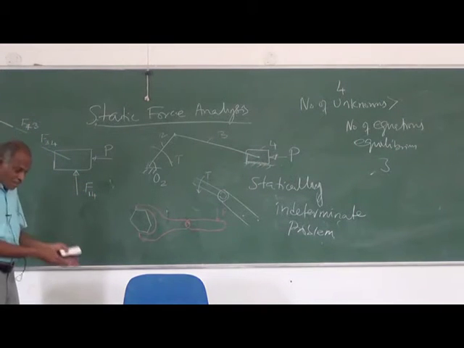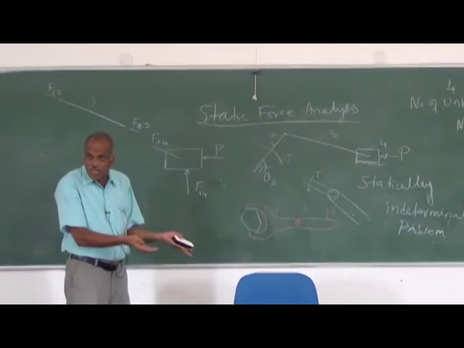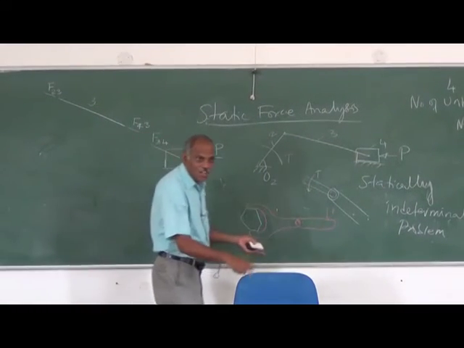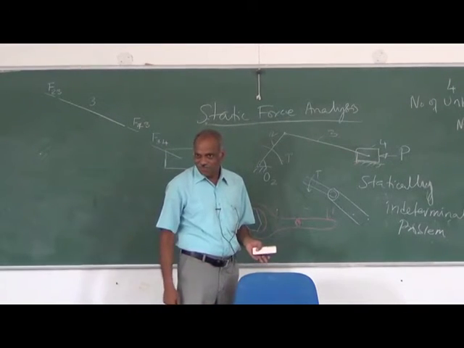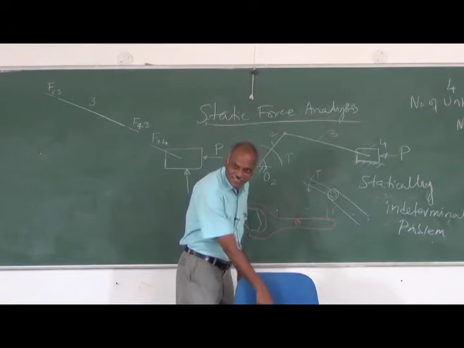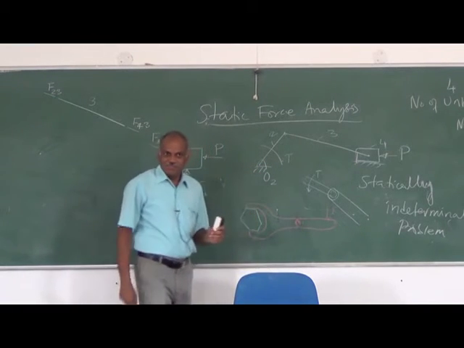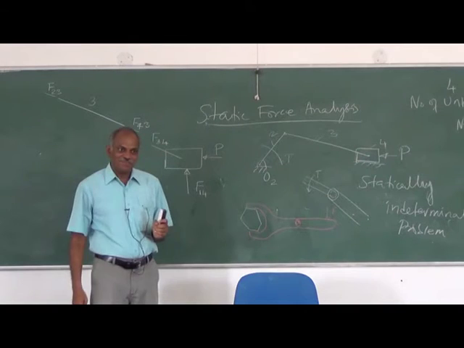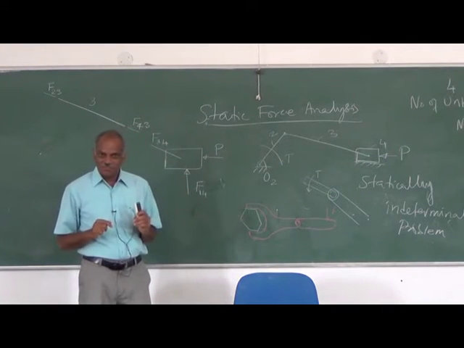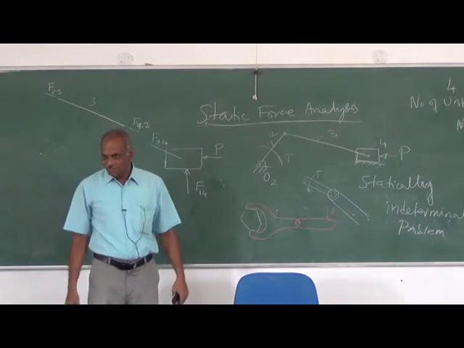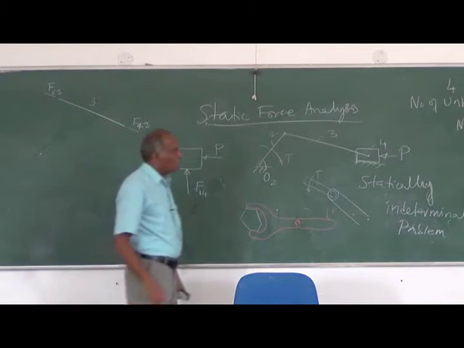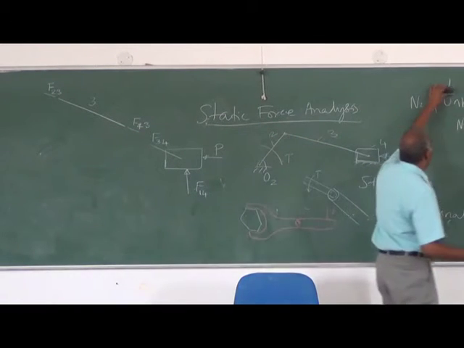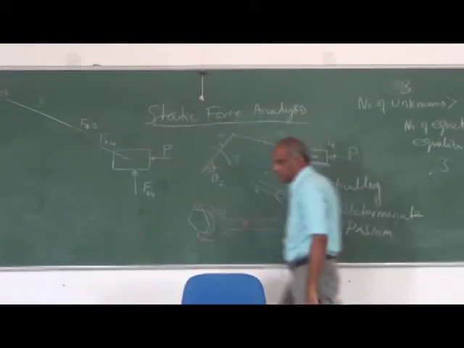But I can make this a determinate problem by cutting one of the legs. If I cut one of the legs, it will fall down. But if you have a 3-legged chair, like a tripod with 3 legs, then the number of unknowns will be 3 magnitudes.